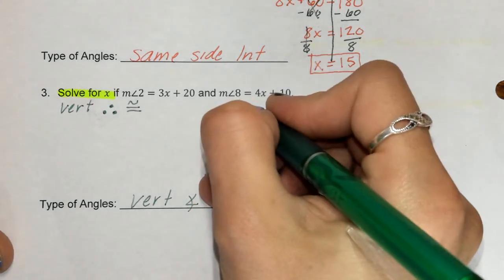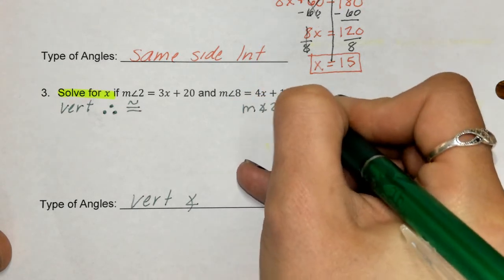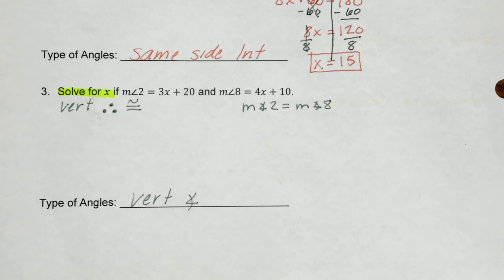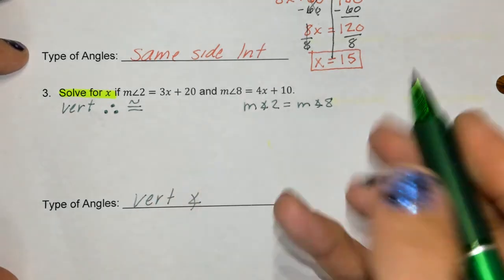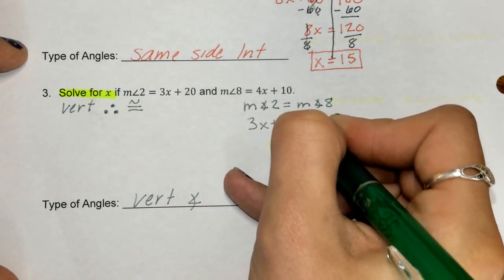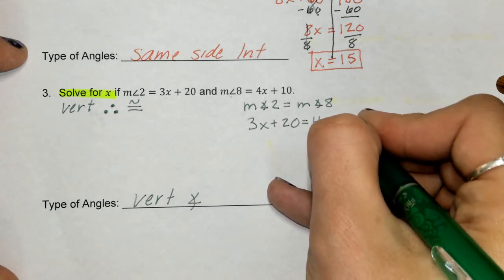Set them equal to each other. Measurement of angle 2 is equal to the measurement of angle 8. We'll go ahead and substitute our algebra in now. The measurement of angle 2 we found was 3x plus 20. The measurement of angle 8 was that 4x plus 10.